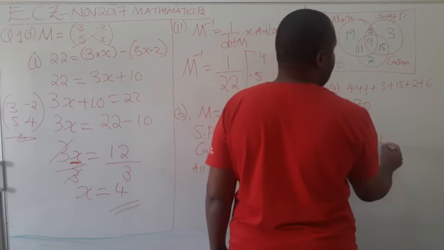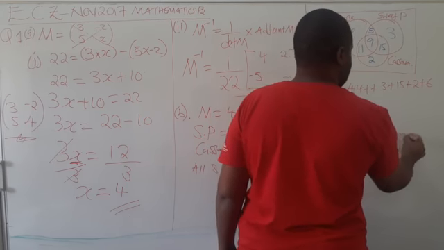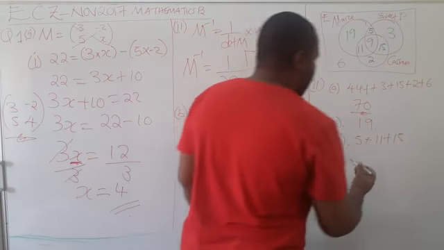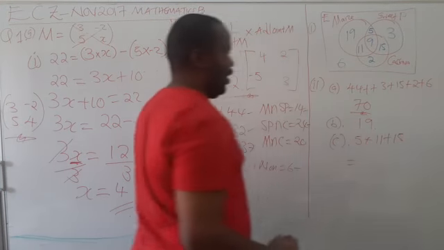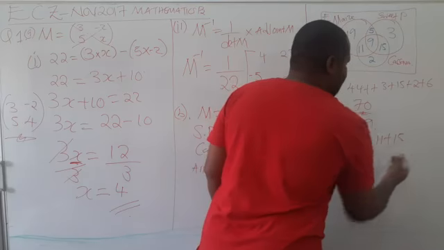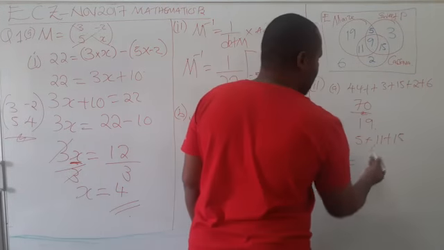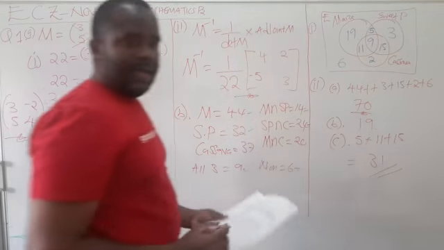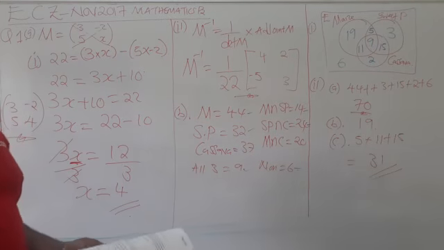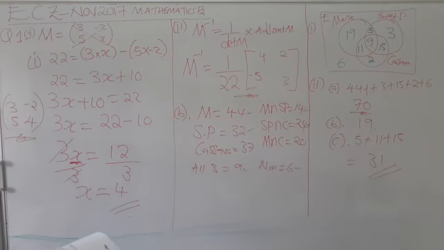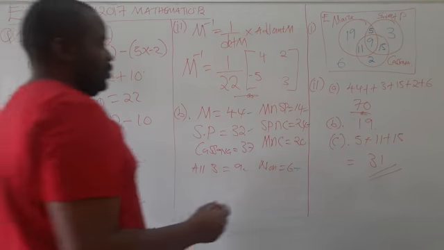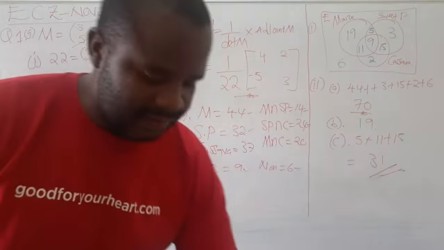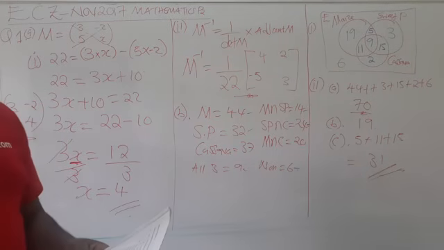Plus 11 plus 15. So, what we get? This plus that is 20. Plus this one, you get 30. You have 31. Alright? That is the answer. So that's how you deal with these things. Okay? And we are done with question 1.